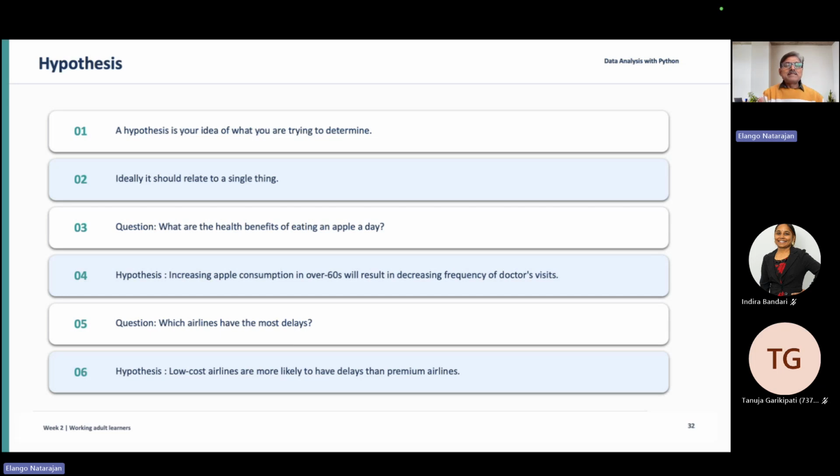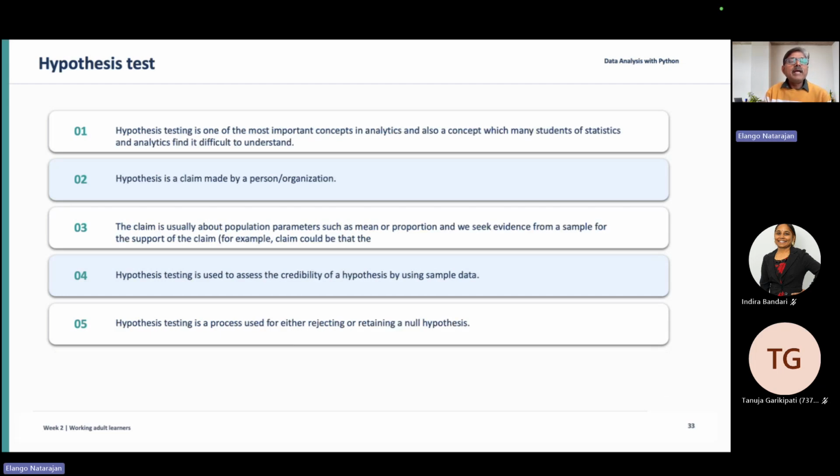Then you do the testing, and you ensure whether low cost has more delays or not. Then you accept your hypothesis or you reject your hypothesis. Hypothesis testing is what we do after the hypothesis is written, after the question is formed.